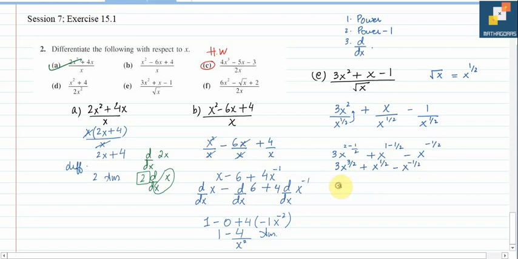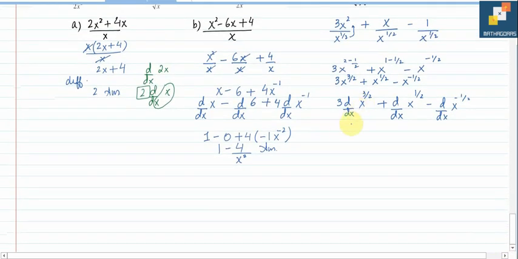So I will write 3 d by dx of x to the power 3 upon 2, plus d by dx of x power 1 upon 2, minus d by dx of x power minus 1 upon 2. Now the rules are the same. First we need to write down the power here.